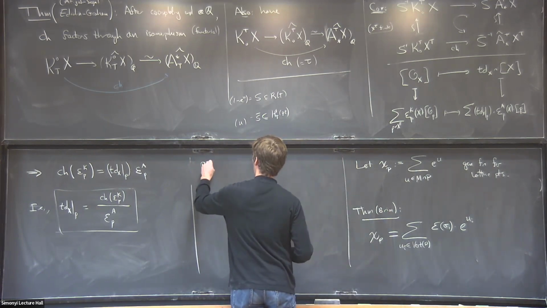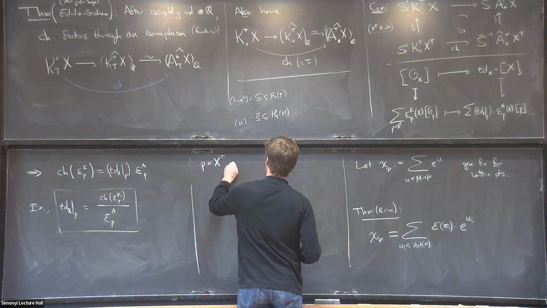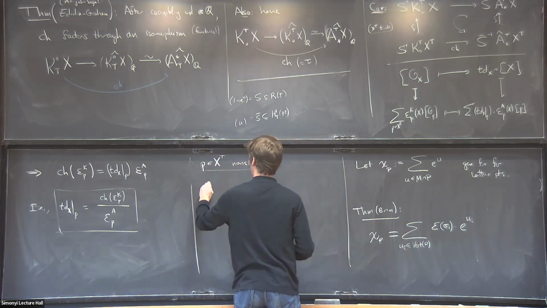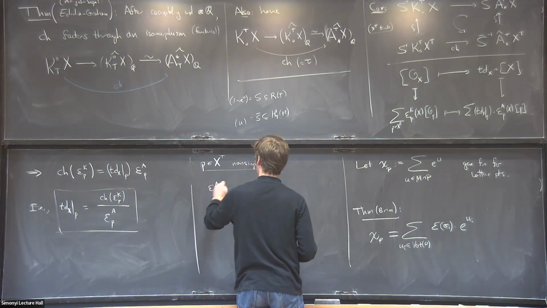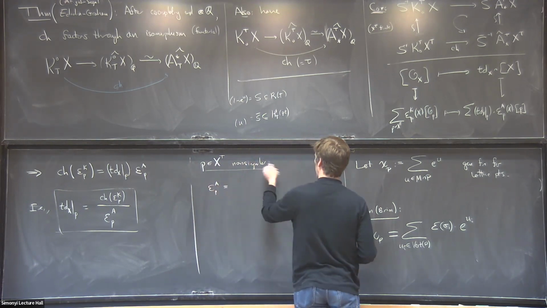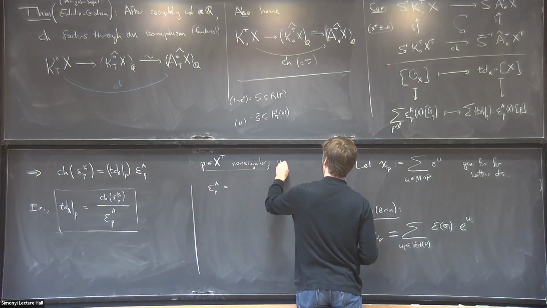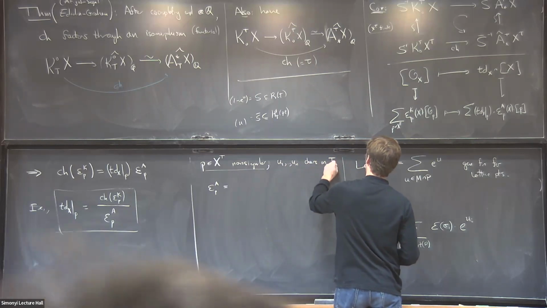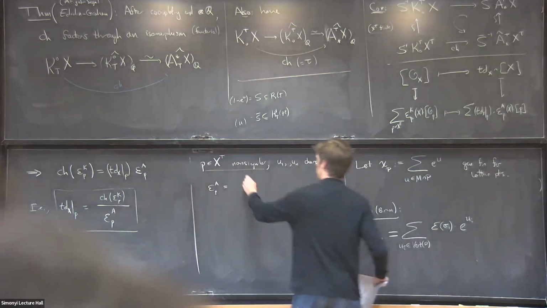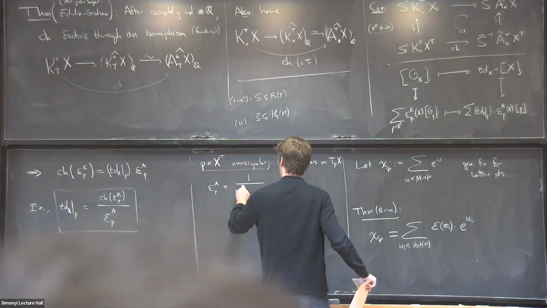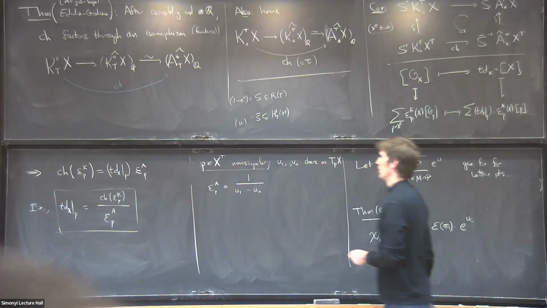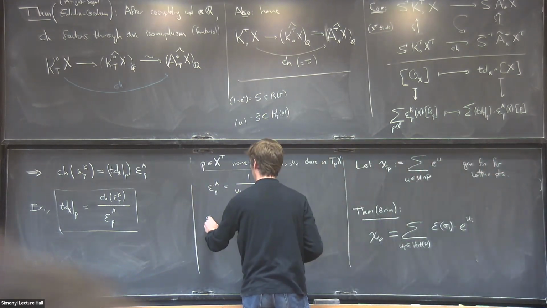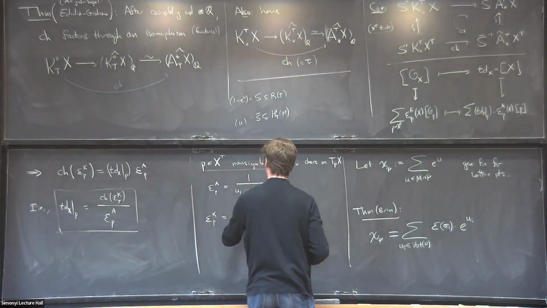So if P is non-singular, then the Chow equivariant multiplicity, so I guess I should say that the characters on the tangent space are u_1 through u_i, and the Chow equivariant multiplicity is 1 over the product of the characters. We've already seen the K-theory multiplicity.